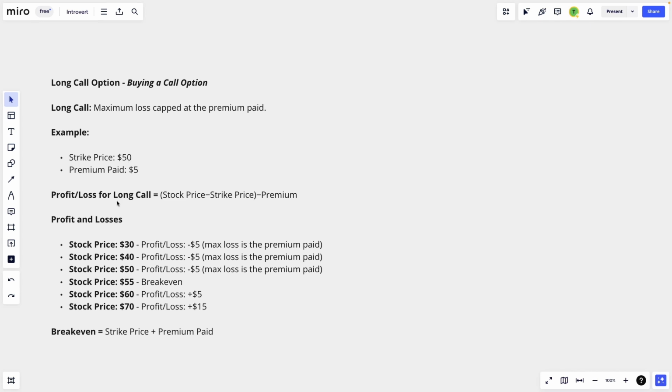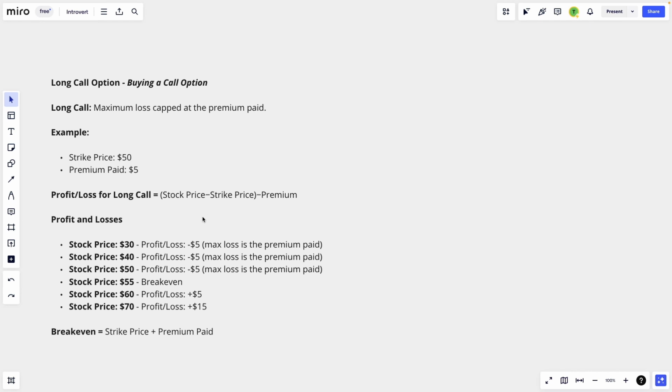So the profit and loss calculation for this long call, and when we run through the example, we'll see it make a bit more sense, is going to be the stock price minus the strike price minus the premium that you pay. So obviously, when the stock price goes higher, you will receive more profit. So if the stock price is at $100, minus the strike price, minus the premium, you're up $45 there.